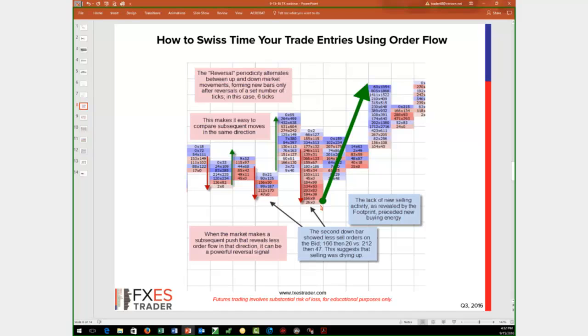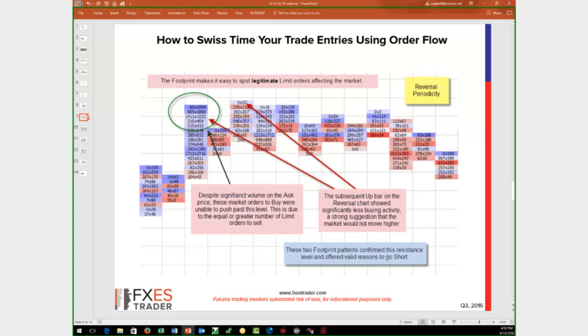Not a lot by a general measure, but it was less. That suggests selling was drying up. Now, one thing you don't see in this example is that possibly there would have been a green volume imbalance to drying up. So the lack of new selling activity, as revealed, was potential buying energy.